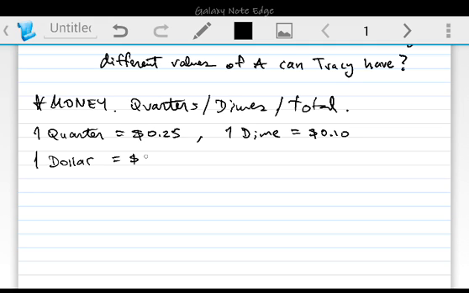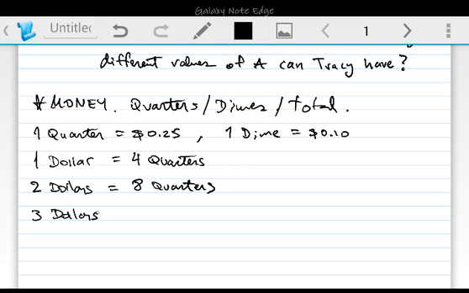Now also we know that $1 is going to be 4 quarters, $2 is going to be 8 quarters, and we know that $3 is going to be 12 quarters.